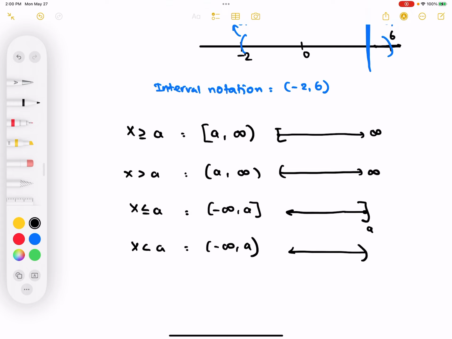The other one is if x is between two values, let's say b less than or equal to x less than or equal to a, the interval notation is b inclusive, a inclusive. That means the x values are between a and b. So this one, in terms of graph, closed b, closed a, so whatever values between this.